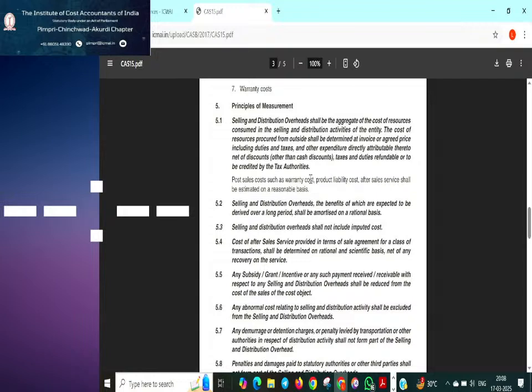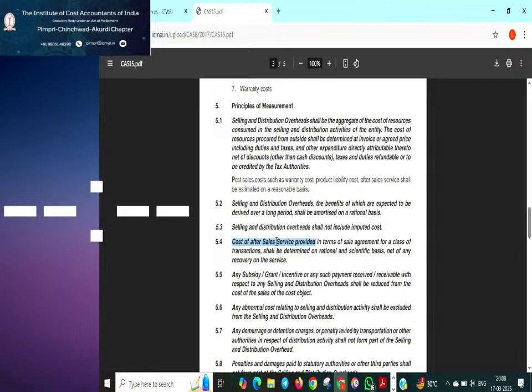So one thing that you got to understand about selling and distribution is the cost of after sales service, which we have to just estimate. We cannot certainly tell that this is the cost that we are going to incur in future. And selling and distribution overheads are just not for the period in which they are incurred, they are for a longer period of time.